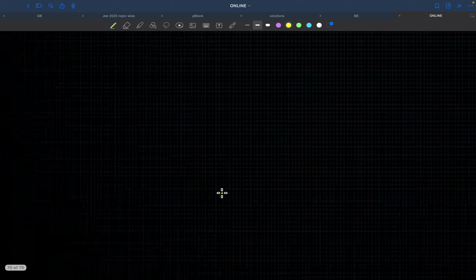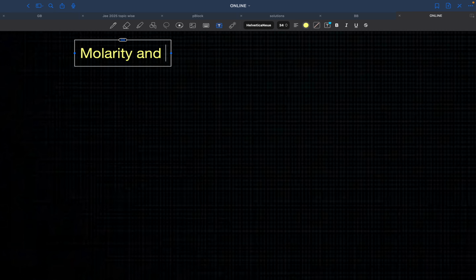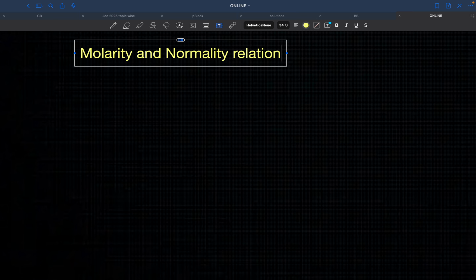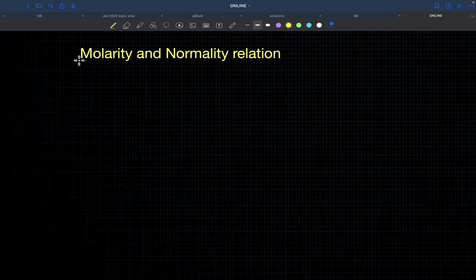Right. So we'll see the next one, the relation between molarity and normality. We'll write the formula of both, and then multiply or divide the common things to get the relation.